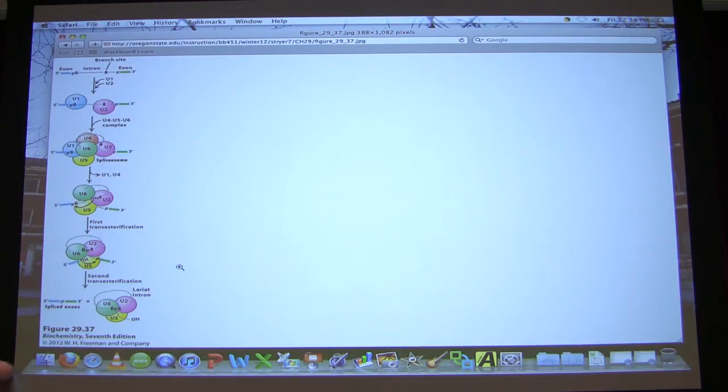Okay? These proteins play important roles in the splicing process, and as you will see, the proteins carry with them, in many cases, an RNA of their own. So the spliceosome complex that comes together to do the splicing contains protein and RNAs.